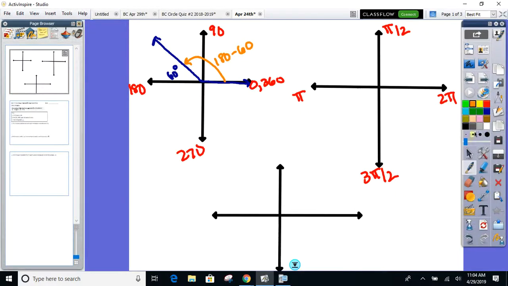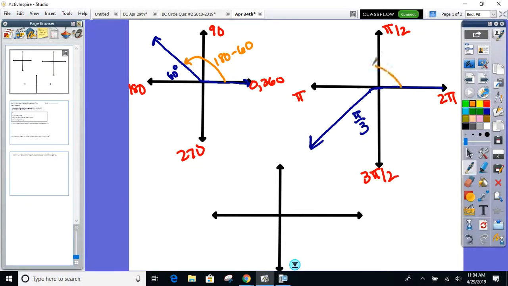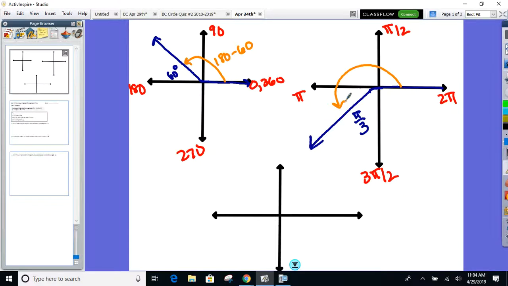All right, not bad. Let me say I put one in the third quadrant now, and I tell you this is pi over 3. Can you guys find the bigger angle? Because we're going to be in quadrants 2, 3, and 4 today. If it's in quadrant 2, I do 180 minus the reference angle.